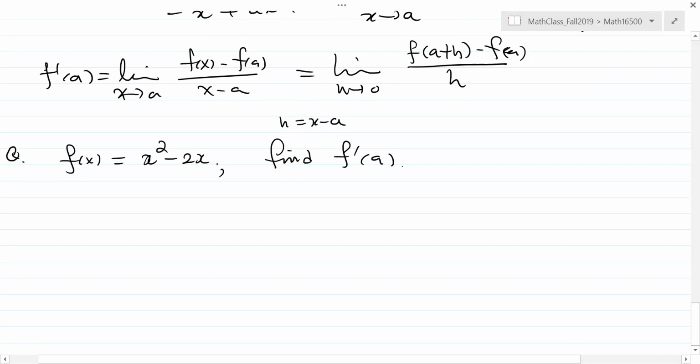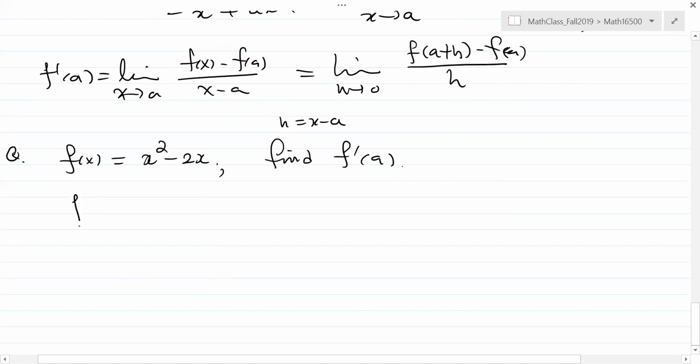At this moment, we don't know if we find the derivative of the sum of two functions whether or not we can just add the derivative of each term together. We don't know. Later on we can prove that theorem. It's true, we can do that. But right now we just use the limit definition to find the derivative.